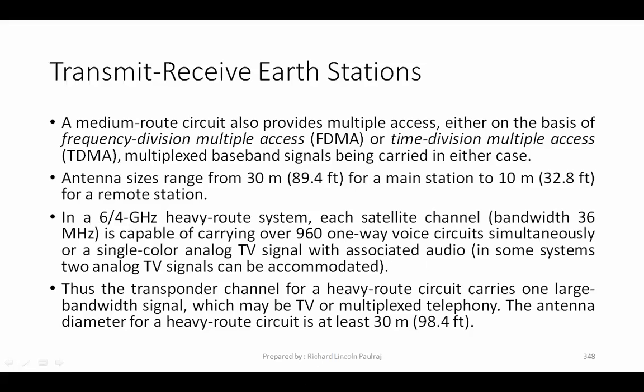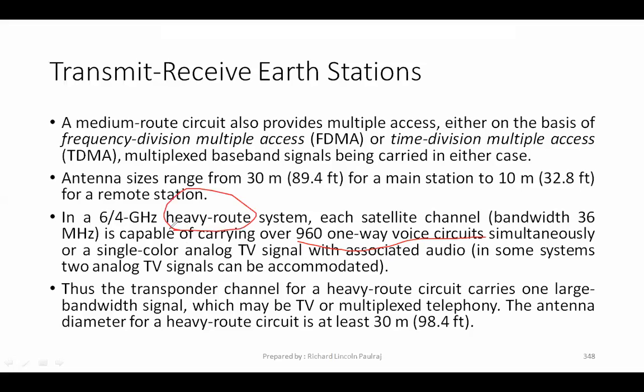Okay, so keep this in mind. It is able to carry about 960 one-way voice circuits, or a single color analog TV signal with associated audio. Okay, so that comes under heavy route.